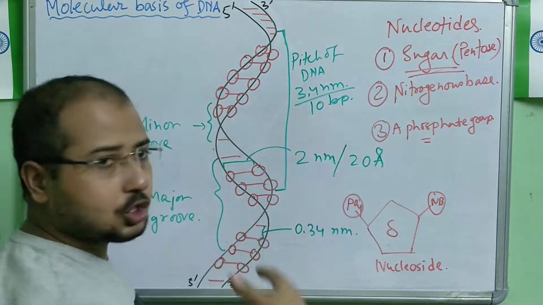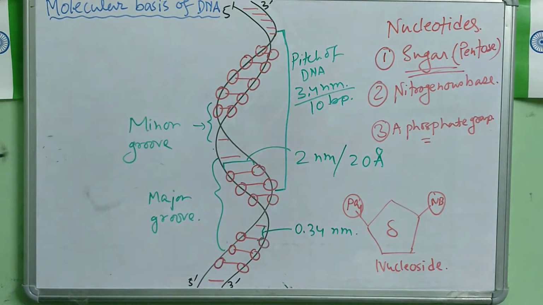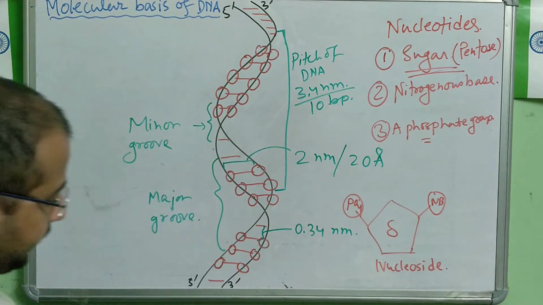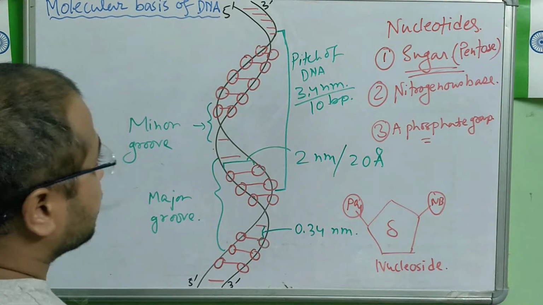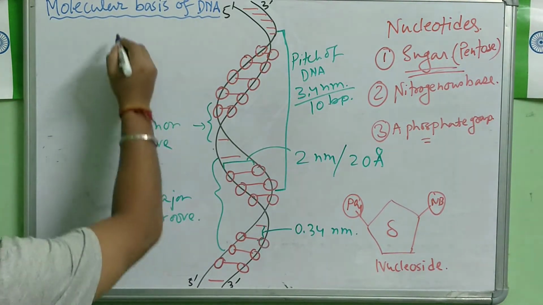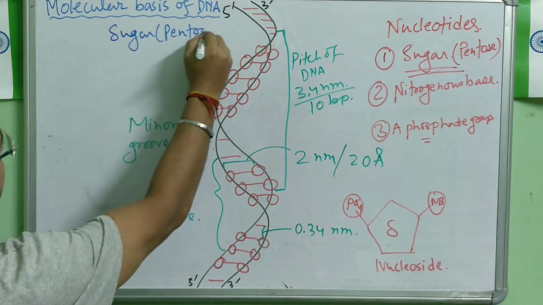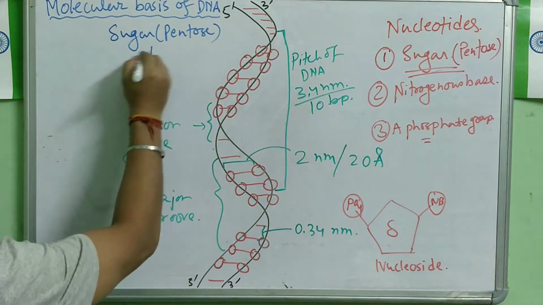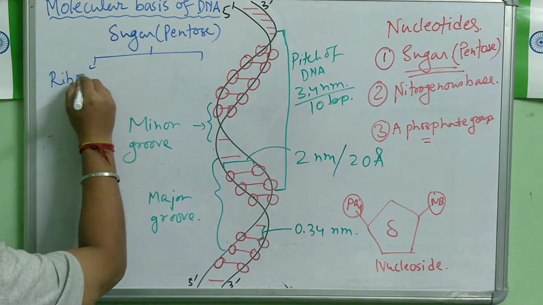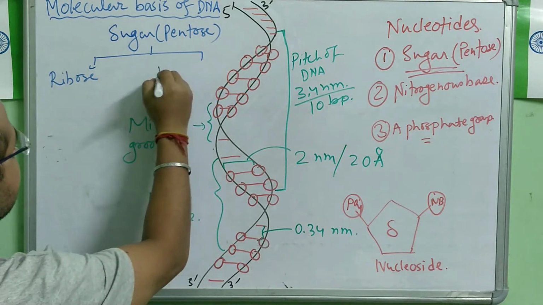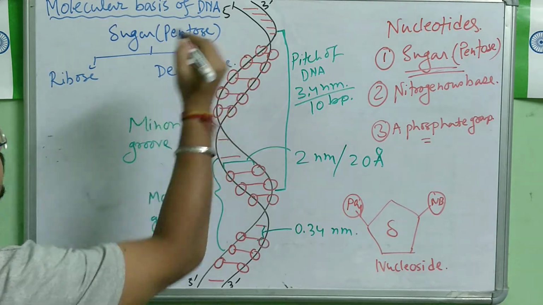Now let us see a little more information about the sugar. As I said, this is a pentose sugar. Two types of sugars are there. One is ribose sugar, another one is deoxyribose sugar.